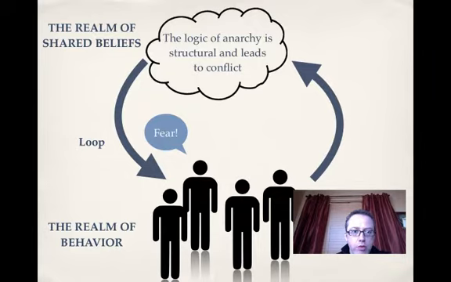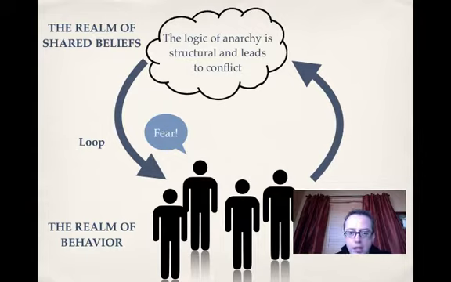Okay, so we have seen then how from the realm of behavior, a creation of a certain story, and the story, once it is shared by everyone, starts to sweep back and change their behavior on and on and on, of course, into the future. So thereby explaining to us how the realm of shared beliefs influences the realm of behavior and vice versa.